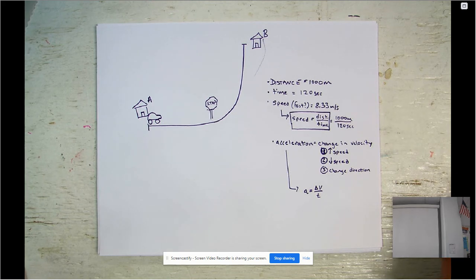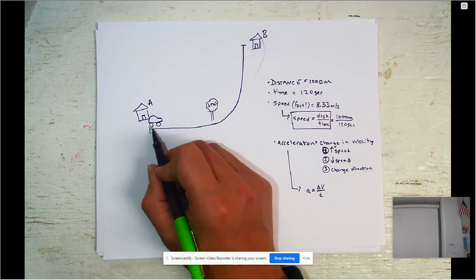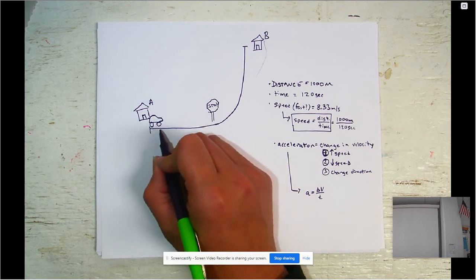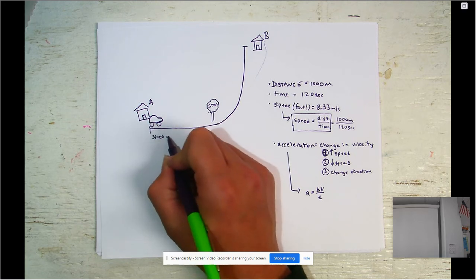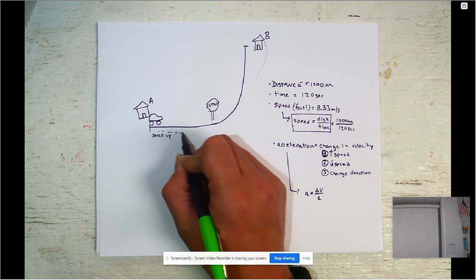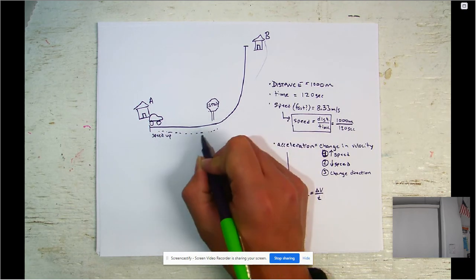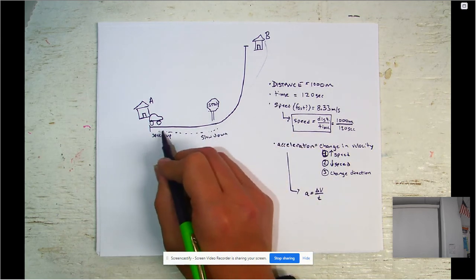Okay? So let's take a look at this. If the car was moving, when you leave your house, you speed up. So you have to speed up because you were stopped. You speed up as you're traveling, and then as you get to the stop sign, what happens? You start to slow down. So we have acceleration as you speed up.